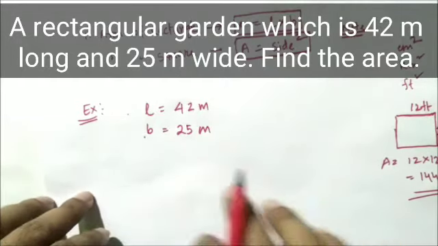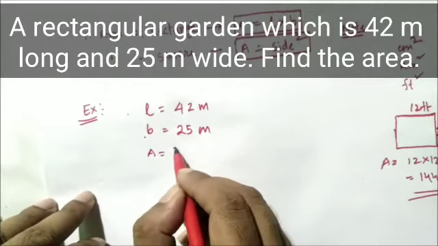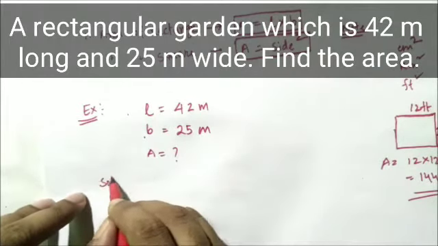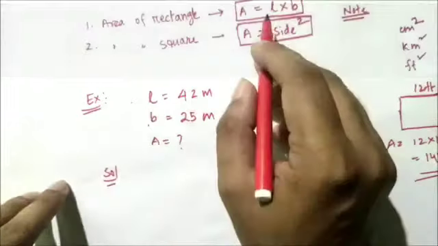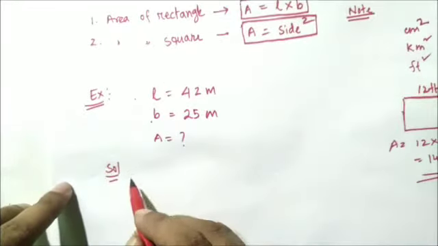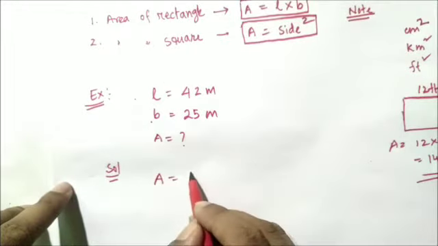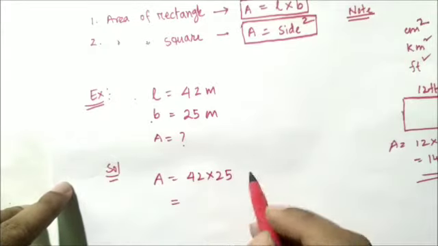The question is: find the area. So what will you do? Simple. We know the formula: area is length into breadth. So the area will be 42 into 25.